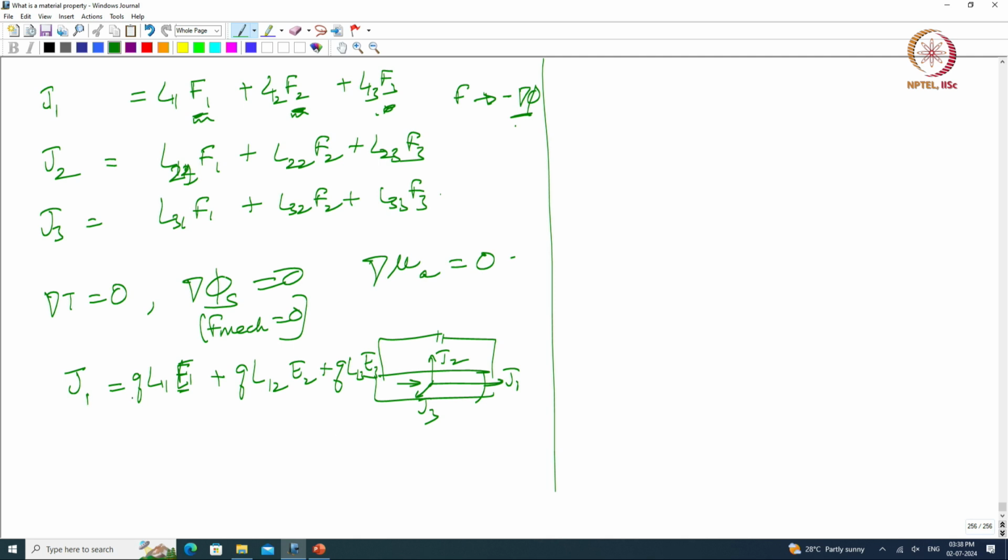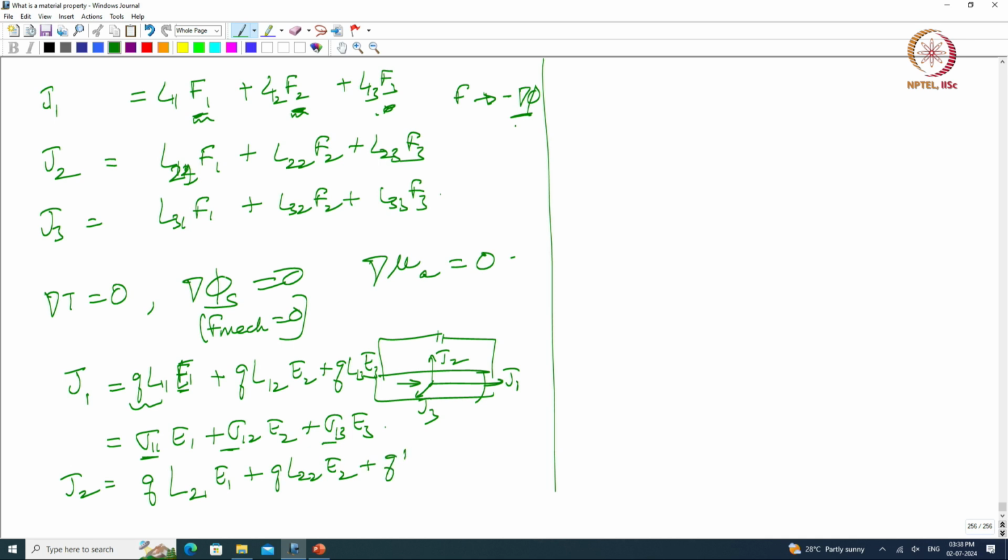In some sense this actually looks like sigma 11 E1 plus sigma 12 E2 plus sigma 13 E3, the different elements of the sigma tensor. Similarly, J2 equals QL21 E1 plus QL22 E2 plus QL23 E3, and J3 equals QL31 E1 plus QL32 E2 plus QL33 E3.